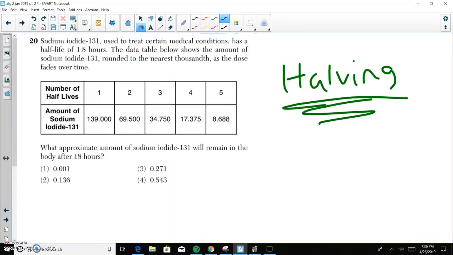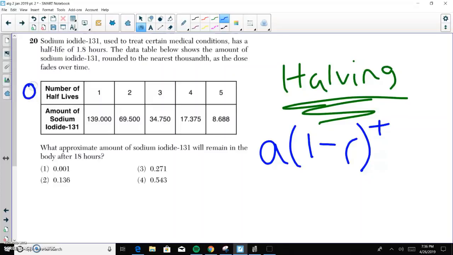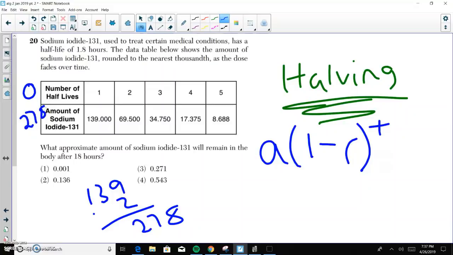And the formula for exponential decay is A times (1 minus r) to the t power. What's the initial amount? To find that, do 139 times 2, and you get 278. That's the value of iodide 131 without any half-life, so that's 0 half-lives.